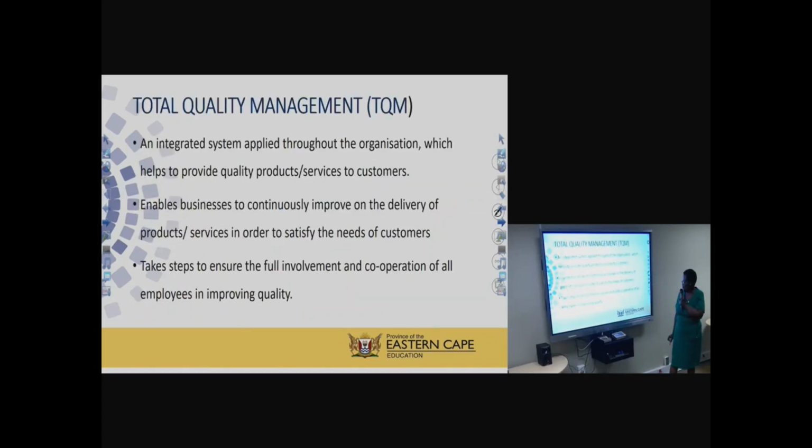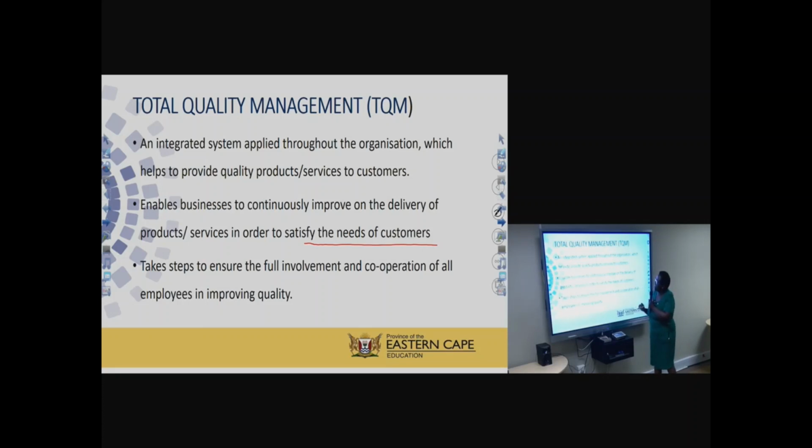Then let's come to the second part of our topic, TQM. TQM is total quality management. As you know, that is total quality. It is something that has been integrated. It is an integrated system that is applied throughout the organization. With TQM, the aim is to satisfy customer needs.